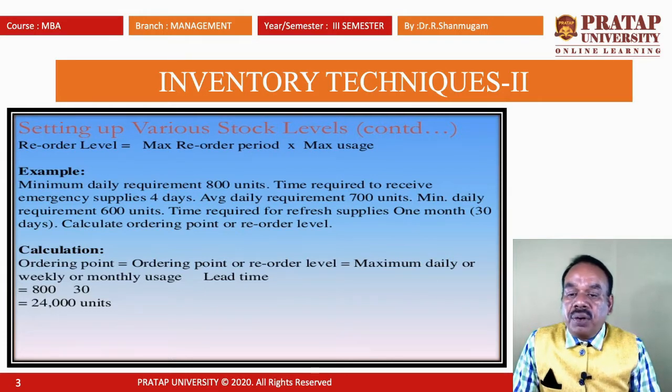Ordering point or reorder level equals maximum daily or weekly or monthly usage times lead time. The maximum daily requirement 800 was given and the maximum time was 30. So 800 into 30, we get 24,000 units.